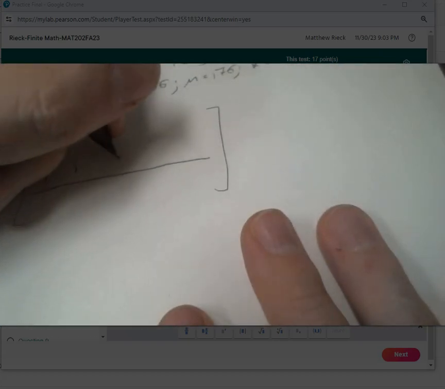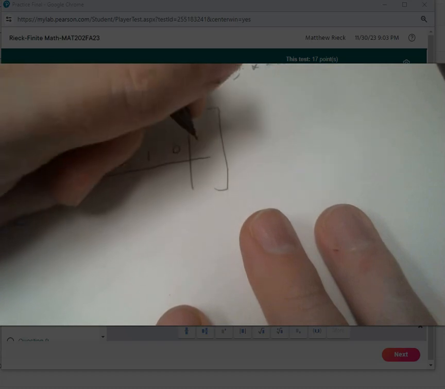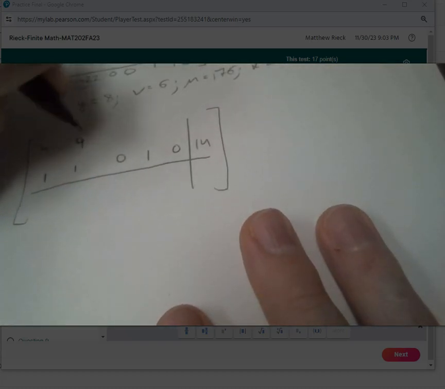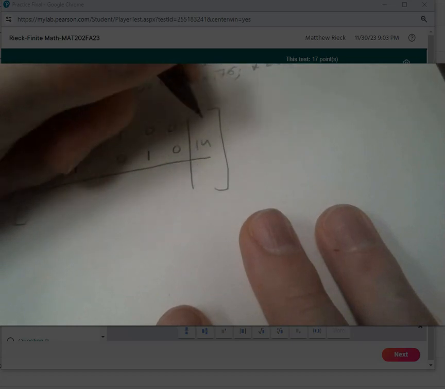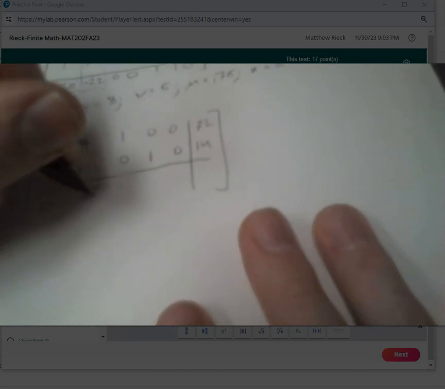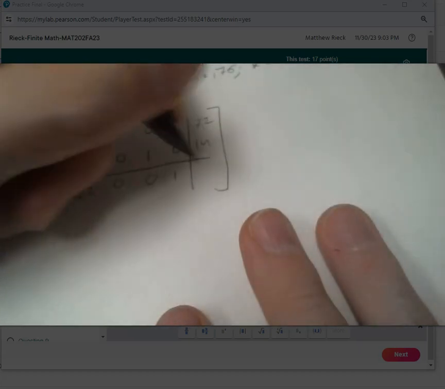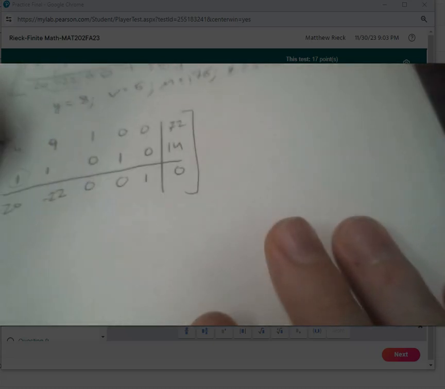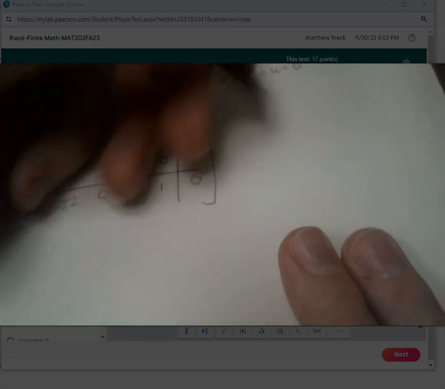So we have 0, 1, 0, and then 4, 4, 9, 1, 0. So we're pivoting about this element, in this column, so we want to get zeros everywhere else in that column.